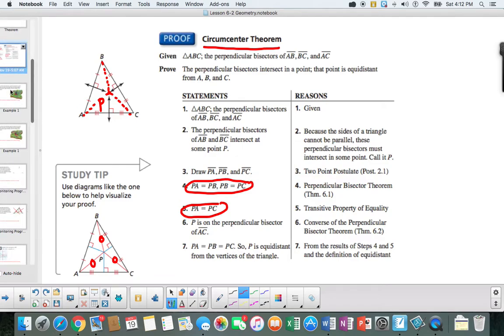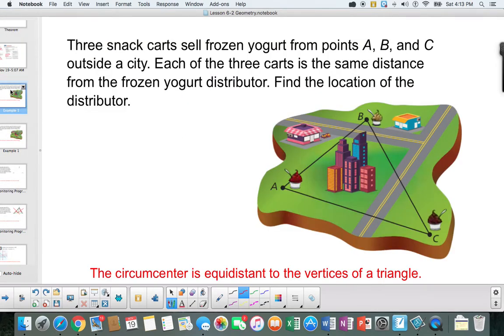Let's take a look at a picture and see how we use the circumcenter theorem. We have three carts, and we want to find where the frozen yogurt distributor ought to be so that it can have the same distance to each one of the carts. And we're going to use the circumcenter. Remember, the circumcenter is formed by perpendicular bisectors.